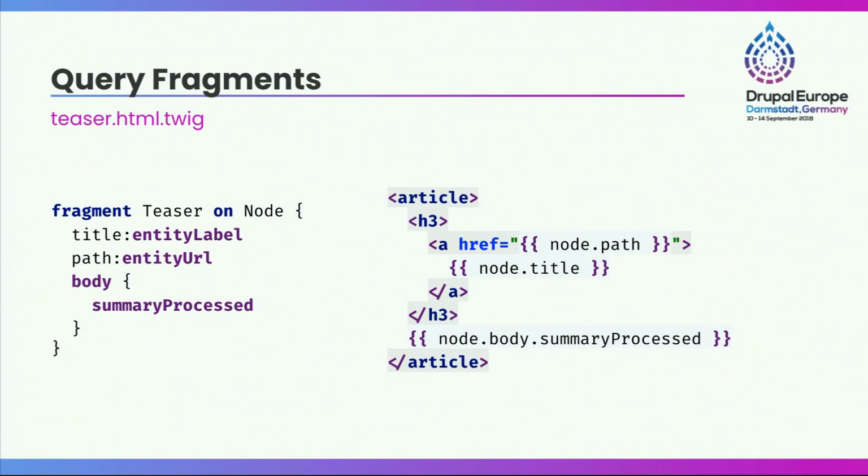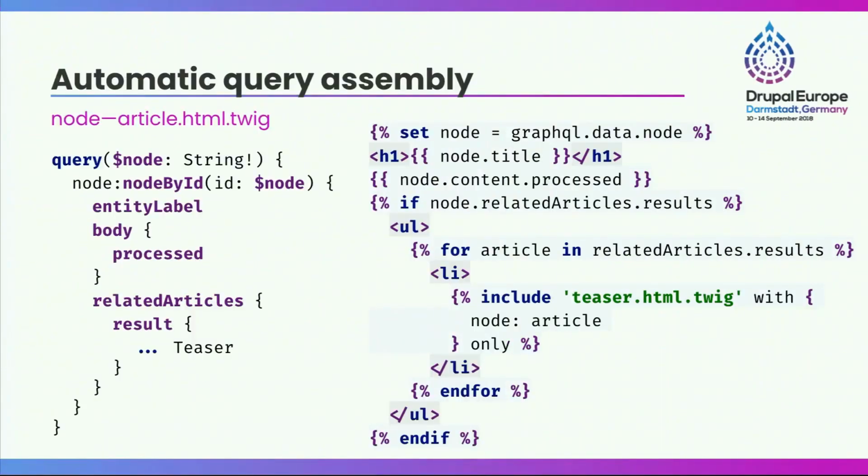And corresponding to this, we just have a simple template that renders an article teaser using the node's path, the node's title, and the processed summary. This all relates to the query on the left. And if we then, sorry for this wall of code, but the actual important part is not very big. On the left is our example query before.